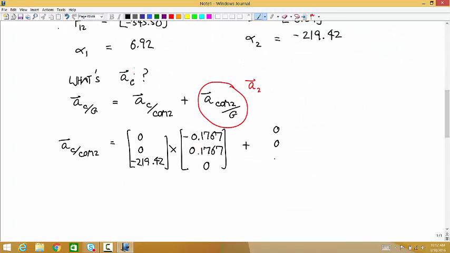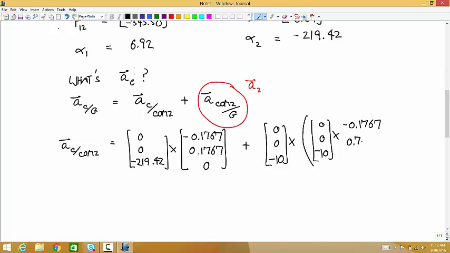So 0, 0, negative 10, cross quantity, 0, 0, negative 10, cross with that same r vector again. And could someone calculate that?